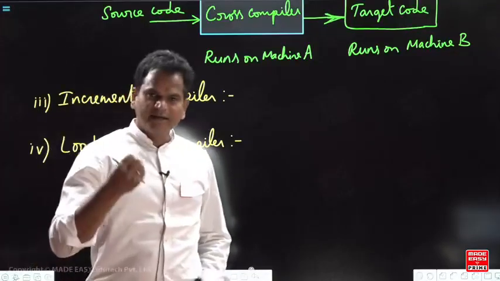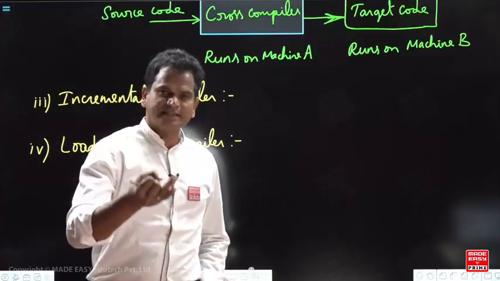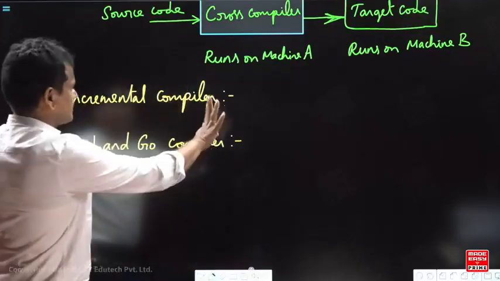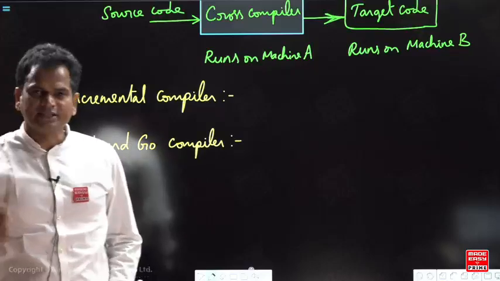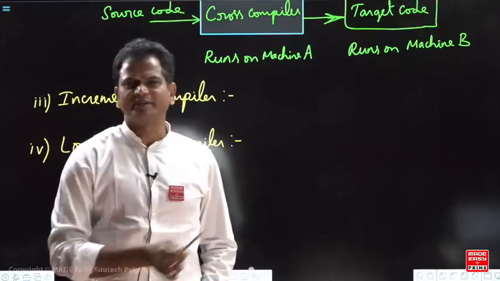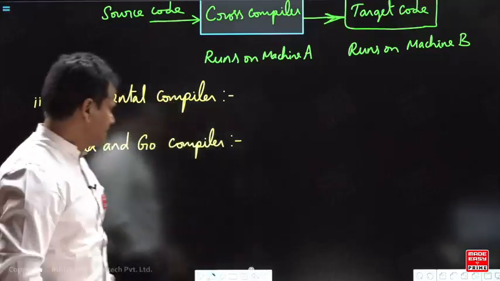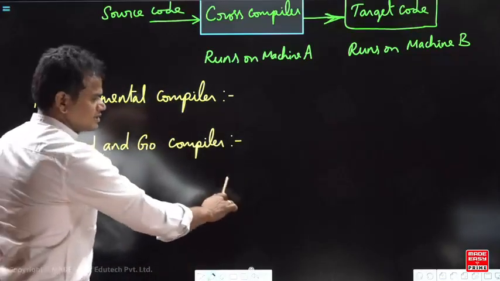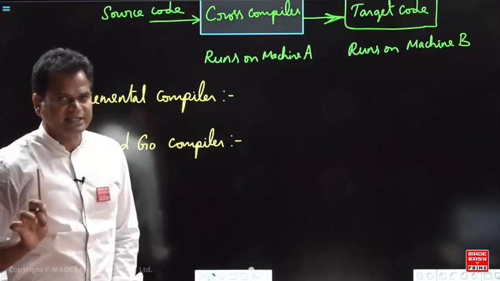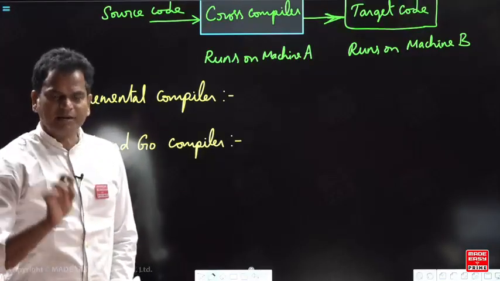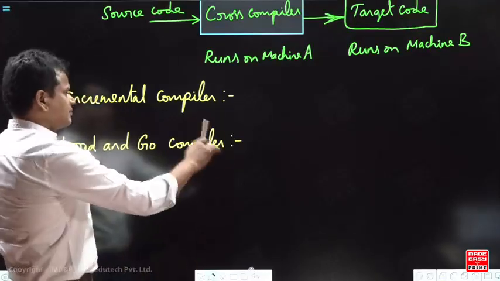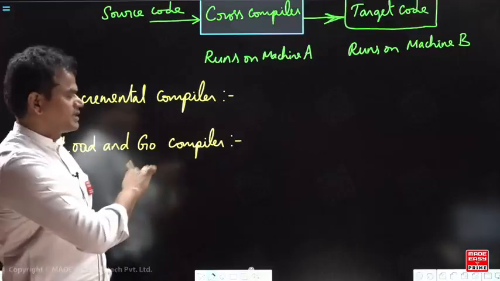That means compilation, assembling, linking, and loading are all part of this compiler. Simply take the source code, convert the source code into machine code, and directly execute it. Compilation, assembling, linking, and loading will be done by this compiler only.